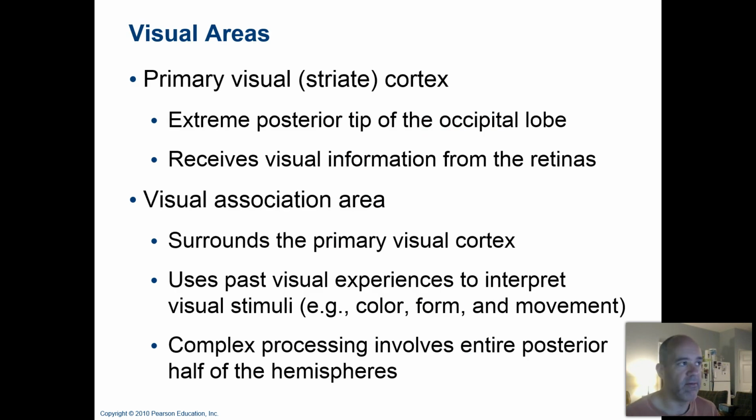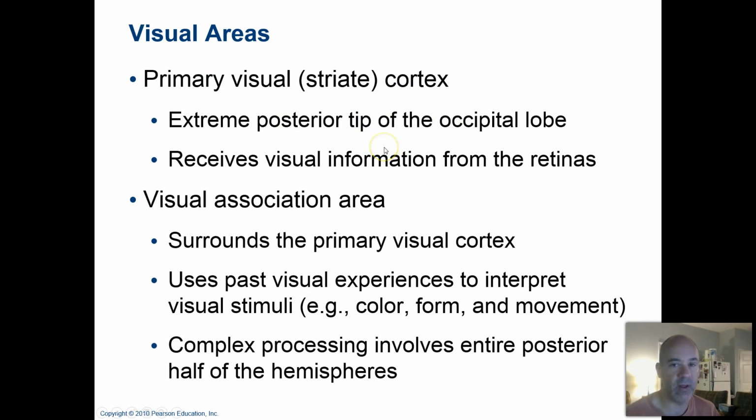Okay, then we have visual areas of the brain, and the visual areas are divided up into a primary cortex. The neurons located there are directly receiving incoming signals from the retinas in the eyes.